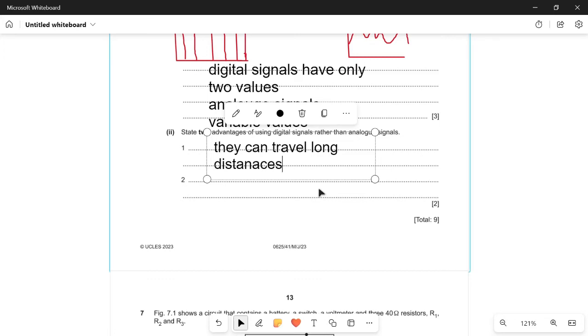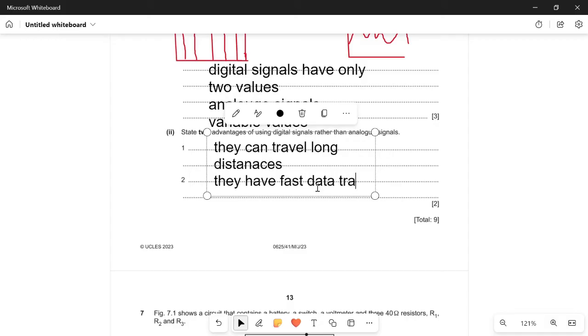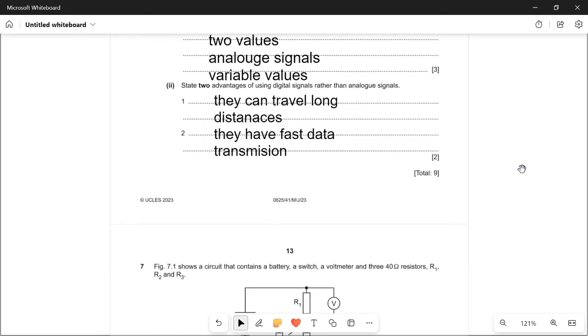And the next one could be that they have fast data transmission. That's the advantage of digital signals over analog signals.